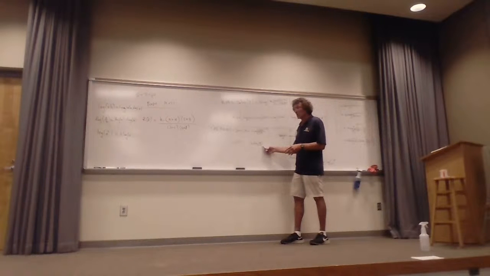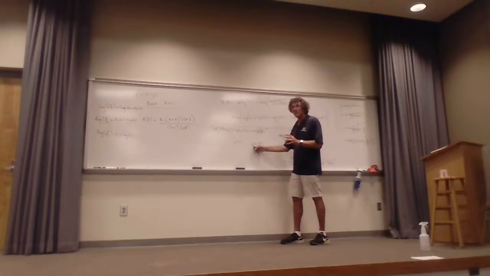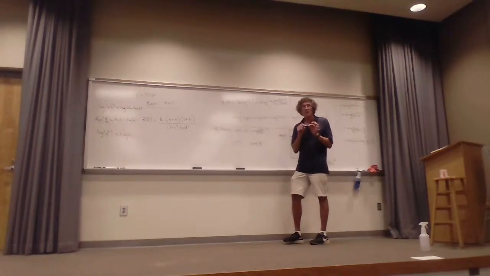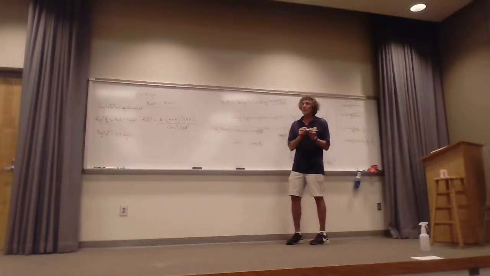If it was 10, the log of 10 is 1, it would be 20, correct? Now, if it's 100, that's 1 decade, right? A decade is a factor of 10. If this becomes 100, the log of 10 squared is 2, then it would be 40, right? If this would be 1,000, the log of 1,000 is 3, then it would be 60. So the rate of change is 20 dB per decade, and it's increasing.